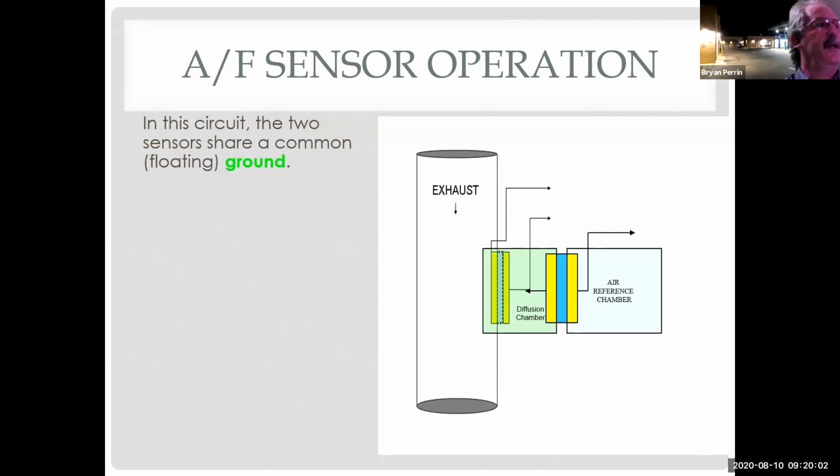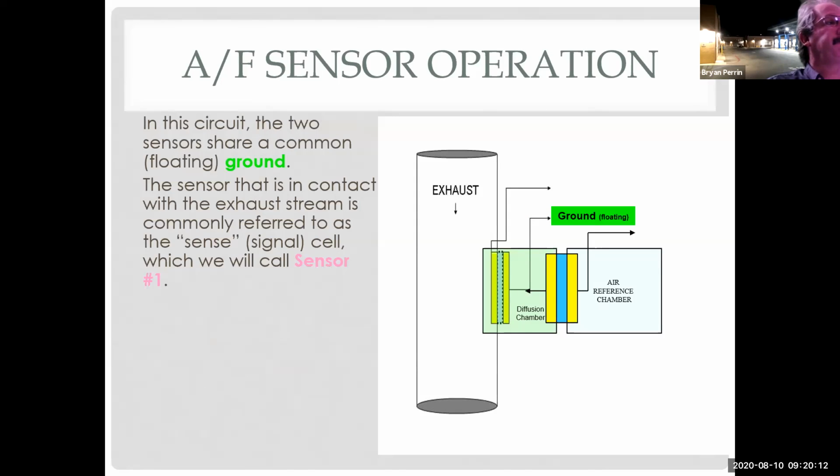So this circuit has 2 sensors. They share a common ground, and we call it a floating ground because it's going to change polarity, basically. The sensor that is in contact with the exhaust stream is commonly referred to as the sense signal.